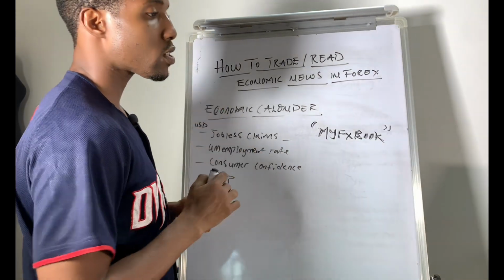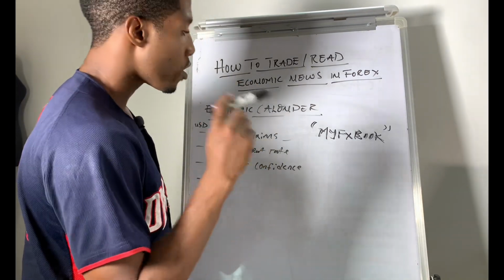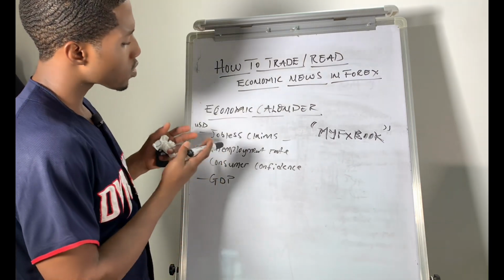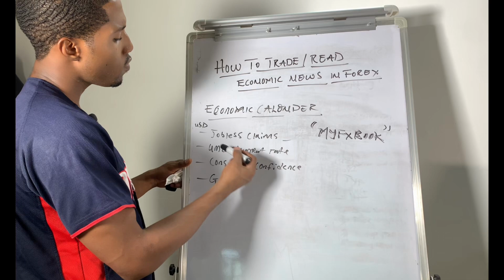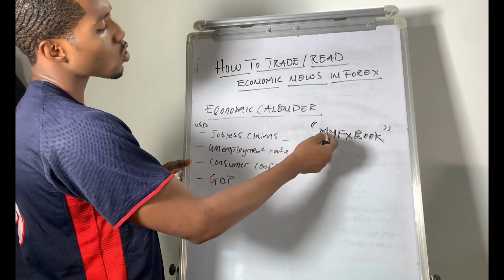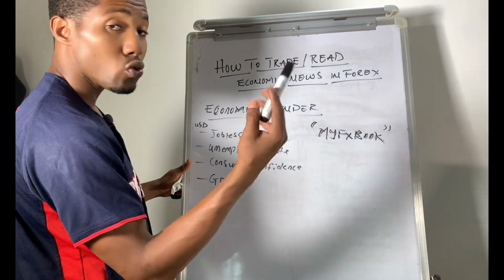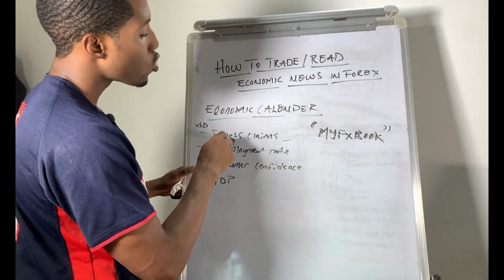I'll give you guys an example. I'll give you a practical. I'll show you guys how news affects the market, how you can correlate news with the market. So these are some examples of news, and they are basically defined in my FX book. So if a jobless claims news is coming out and it's in my FX book, you use my FX book and you click on that news, it will tell you the definition.